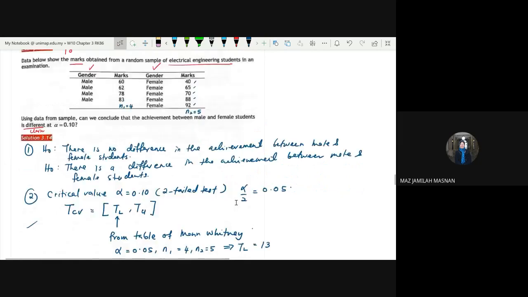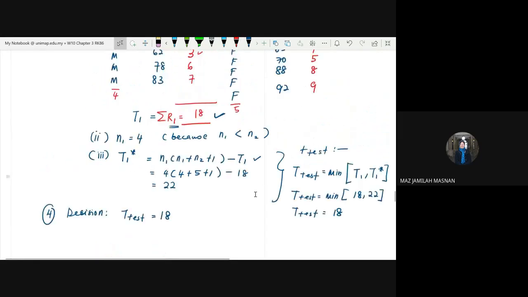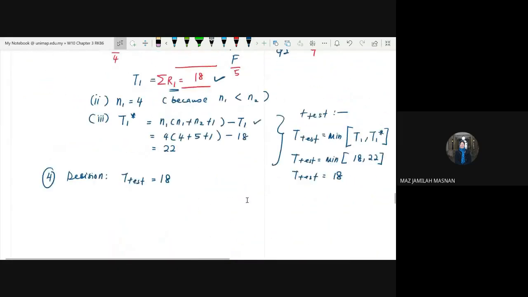Just put everything together so that you can see easily. The t-test is equal to 18, and your t lower and upper would be here, your critical values. Compare it to your critical values.